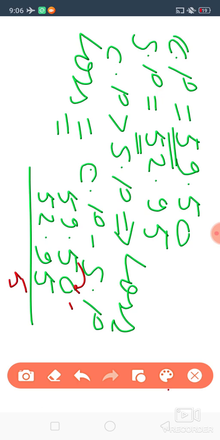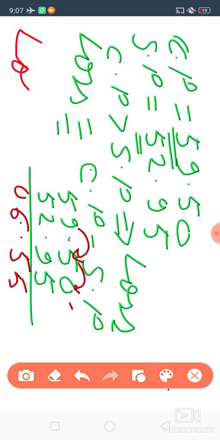Then here 4 is left. From 4 we cannot subtract, so again we'll borrow. It will become 14. 14 minus 9, 5. Then put the decimal below the decimal. Now here 8 is left, so 8 minus 2, 6. Then 5 minus 5, 0.